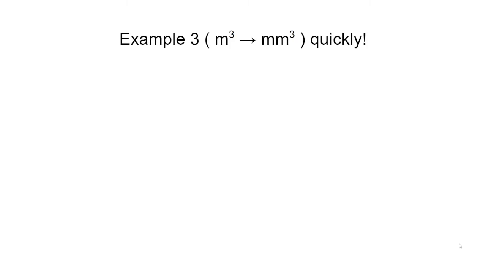Now, example 3, we will do quickly so that you will see the power of this method. But this is the same thing that we have done for squares, just with cubes. So we have to think about what prefix the milli is.